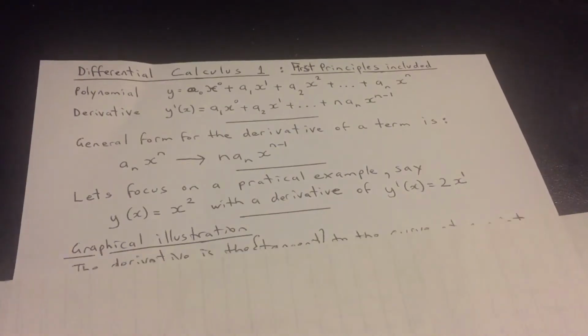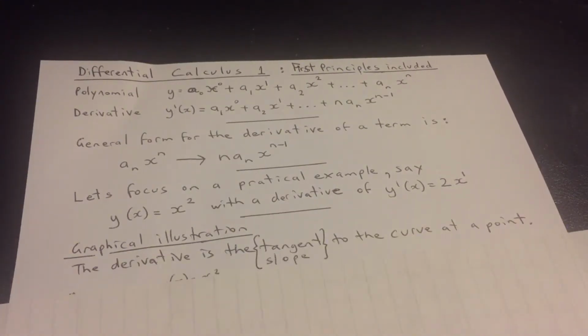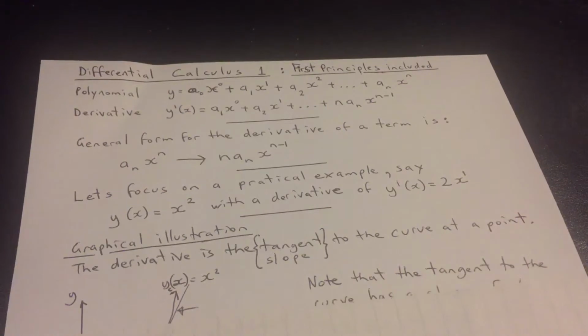First of all, I'll use a graphical illustration of this. Just noting that the derivative is the tangent slope to the curve at a point.